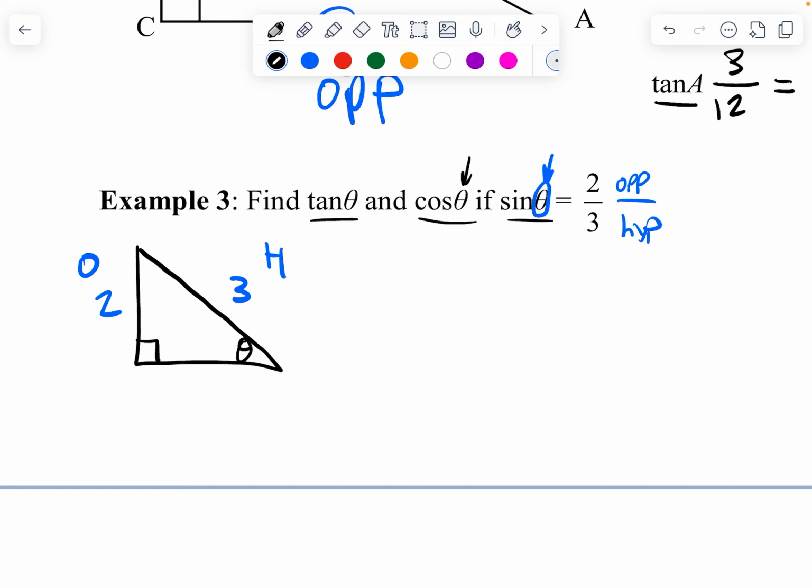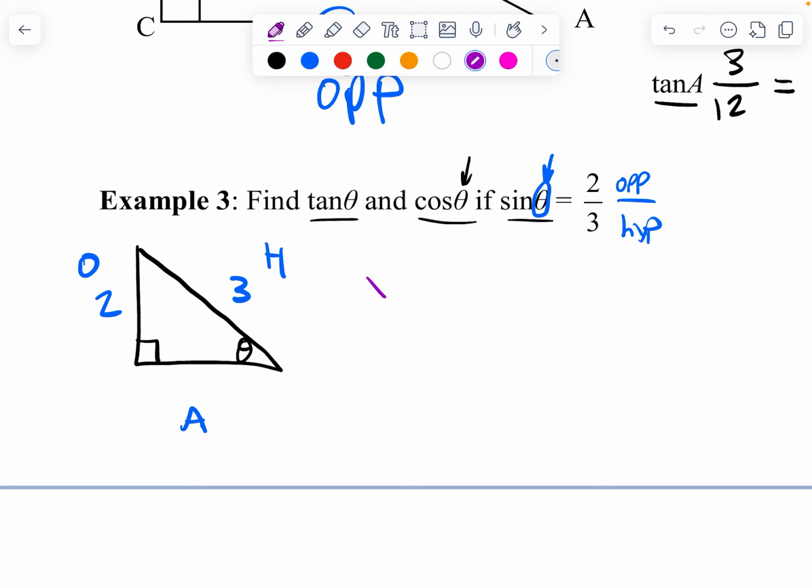Doesn't matter what the initial triangle looks like as long as it's right. Doesn't matter where the theta goes as long as it's not the right angle. But once you place both of those, then order matters. Now we need to find tangent. Tangent uses the adjacent side, as does cosine. So we need to know our adjacent side before we continue. And to do that, Pythagorean Theorem.